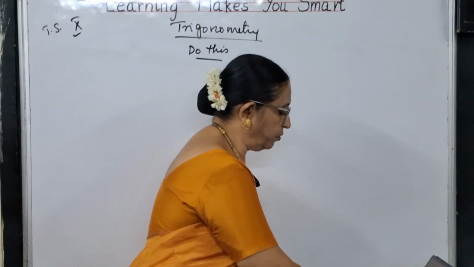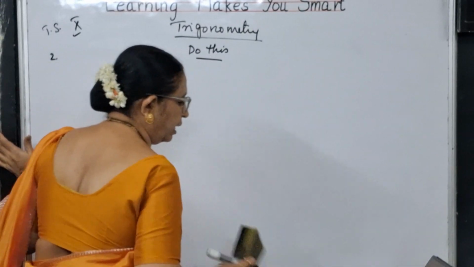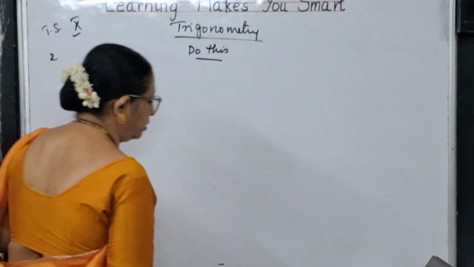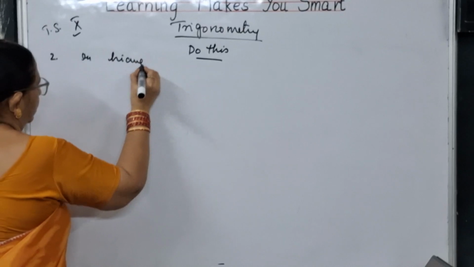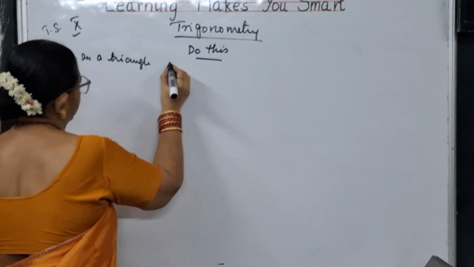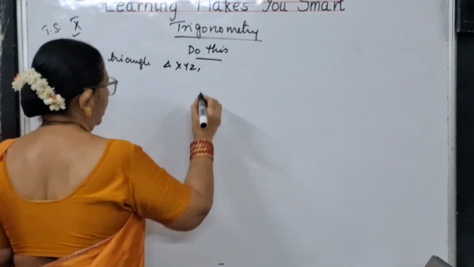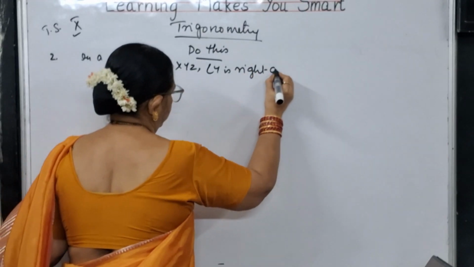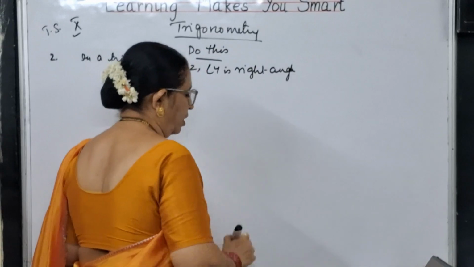Let us see the second one. Second one is in triangle XYZ. In a triangle XYZ, angle Y is right angle. They have not given a figure, they have given the problem.